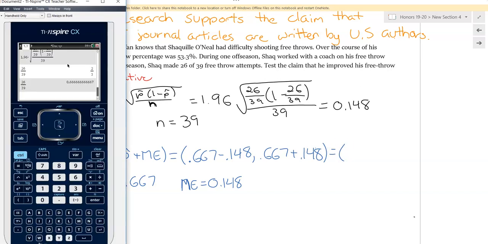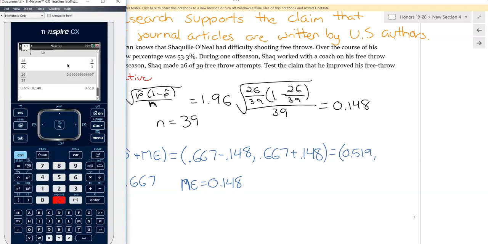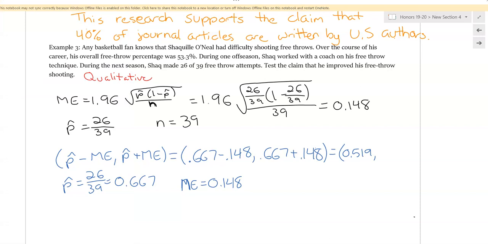Well, 0.667 minus 0.148 is 0.519. And 0.667 plus 0.148 is 0.815.